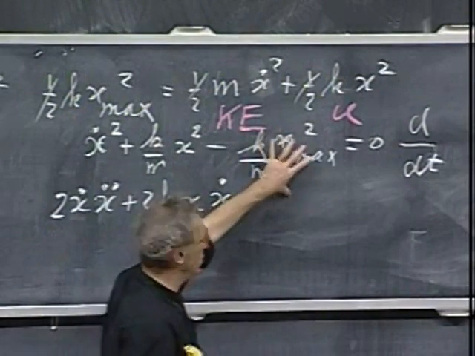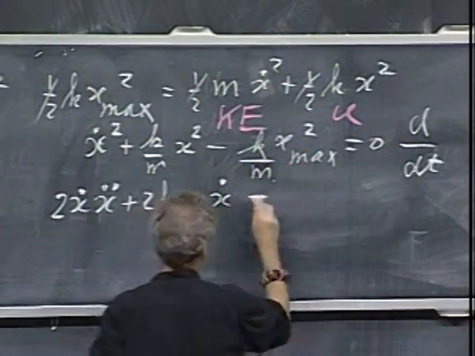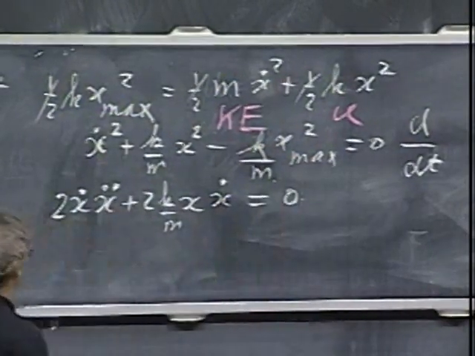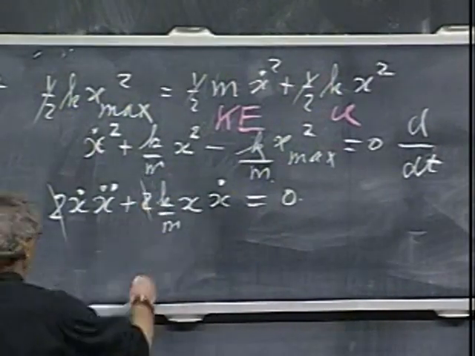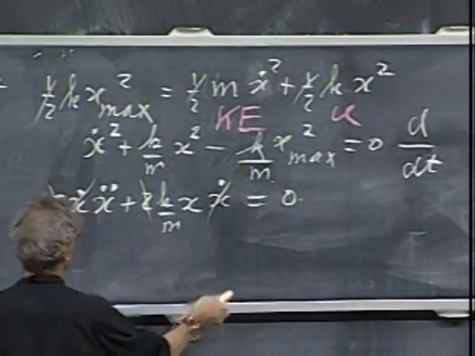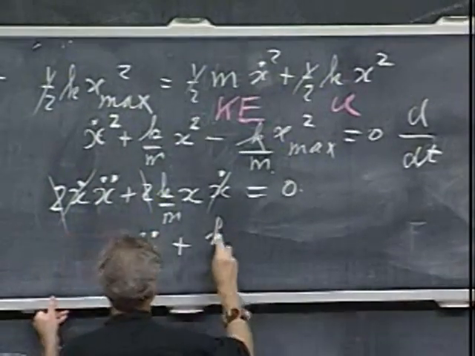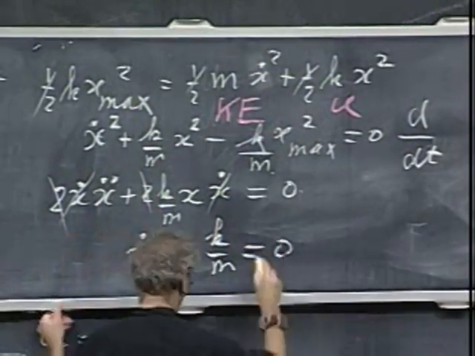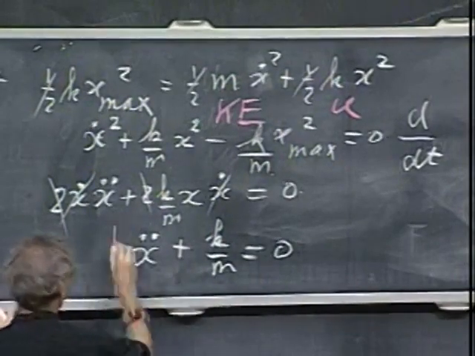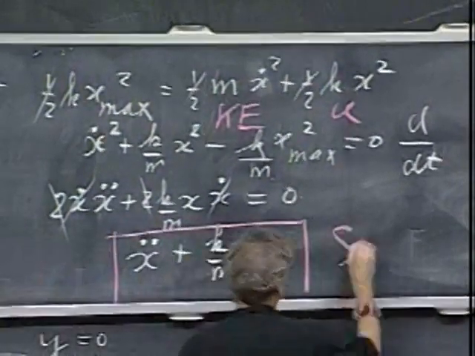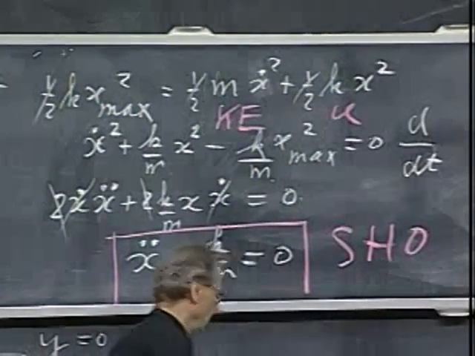This is a constant, the total energy when I started, so the whole thing equals 0. I lose my 2, I lose my x dot because it's 0, and what do I find? x double dot plus k over m x equals 0. And this makes my day, because I know this is a simple harmonic oscillation.